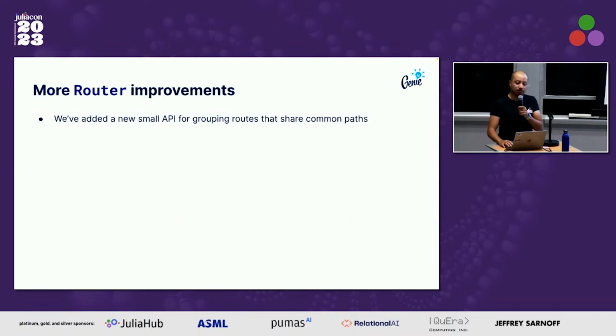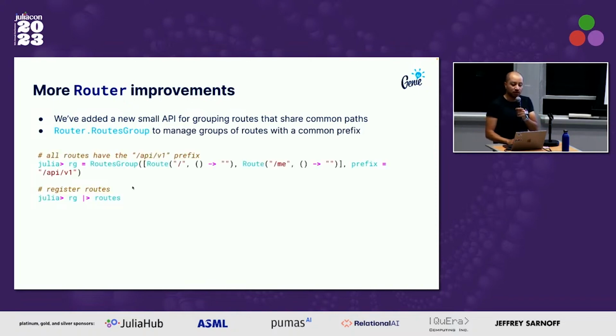And for more router improvements, we have added a new small API for grouping together routes that share common paths. Let's say we have a long list of routes with a common prefix. Now it's easier to define them by using the new routes group object. With this object, we can declare it by passing to it a list of routes, defining each one of them individually, and at the end, we just add a prefix that we want all of these routes to have.